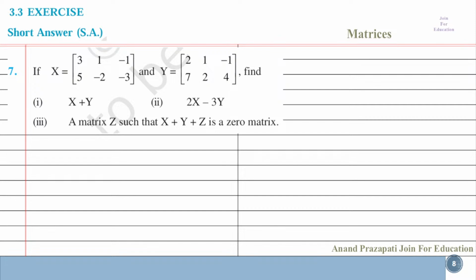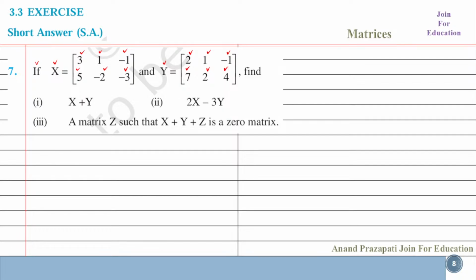Let's see question number 7. In this question, X equal to elements along first row 3, 1, -1, and along second row 5, -2, -3. Y equal to elements along first row 2, 1, -1, and along second row 7, 2, 4.